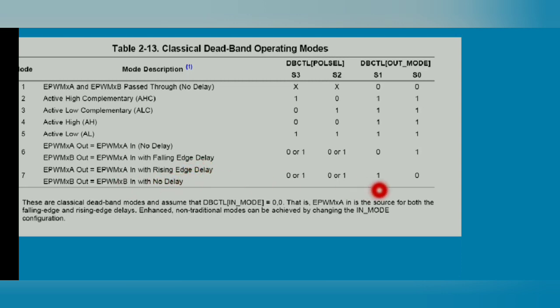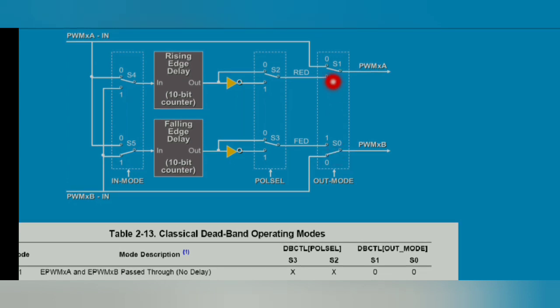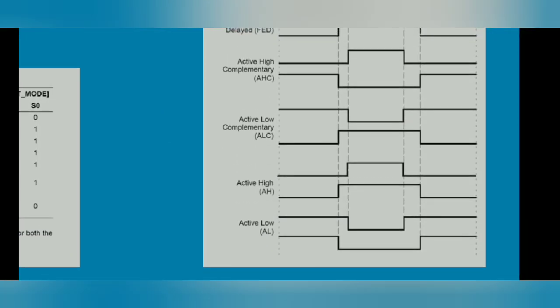And if we keep the output mode as 1 0, and S2 and S3 as 0 1 and 0 1, there will be no delay. So by selecting S0, S1, S2, S3, S4 and S5, we are creating the delay at different locations, and we get different PWM pulses.